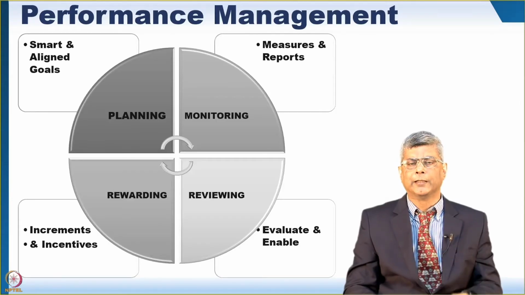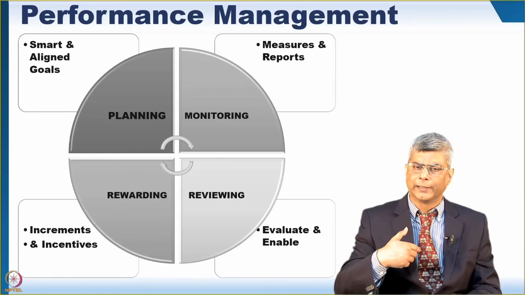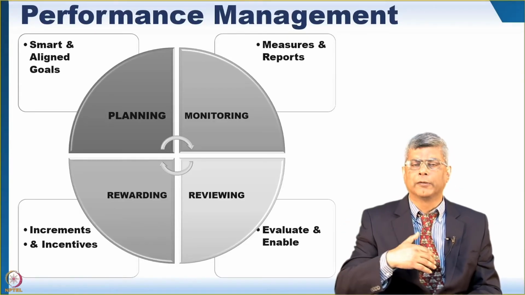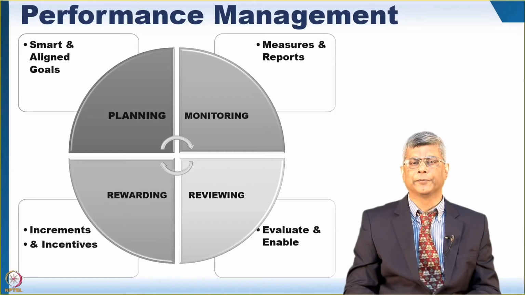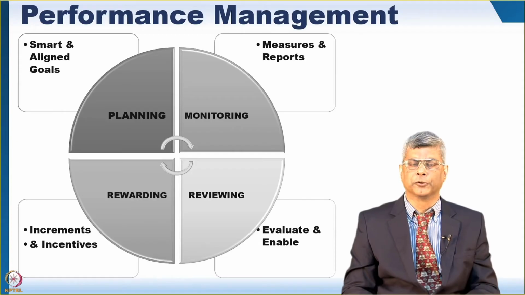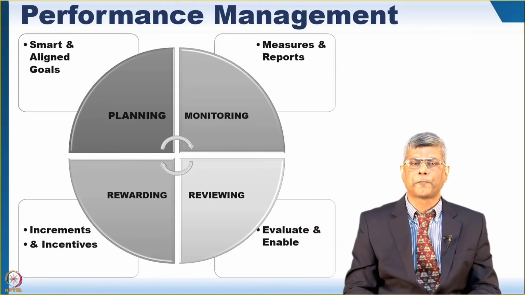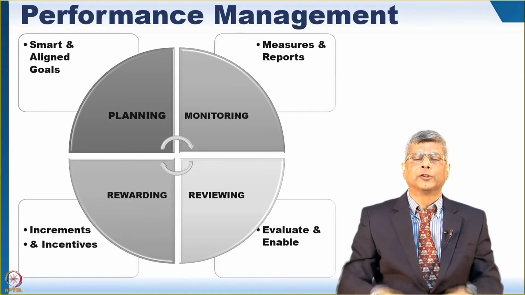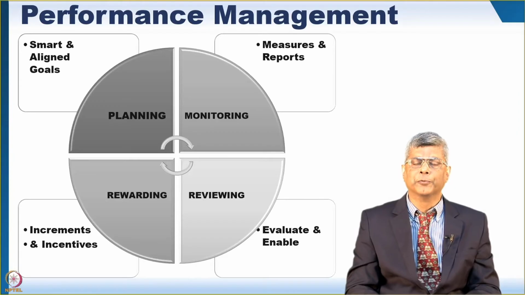And of course, incentives for achieving targets. If a salesperson has blown past or really gone beyond the target, he needs an incentive. Someone who has produced much more than what we're supposed to produce may get an incentive, unless he's, of course, really overproduced. So this is the performance management framework.